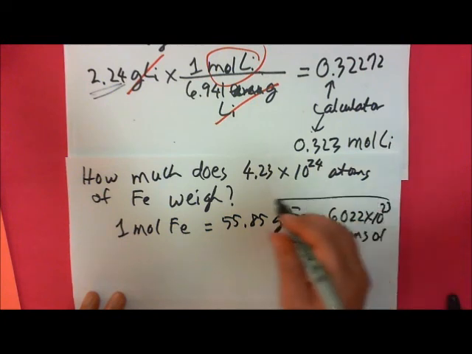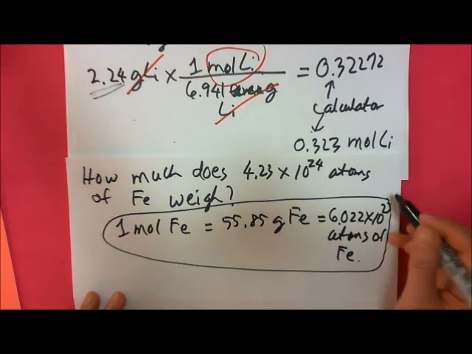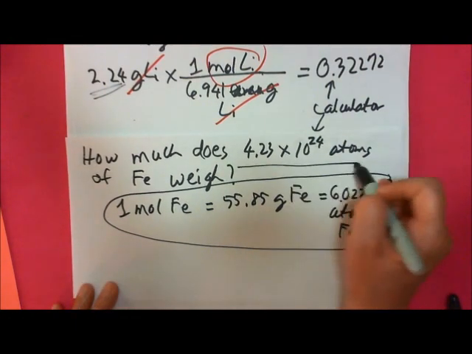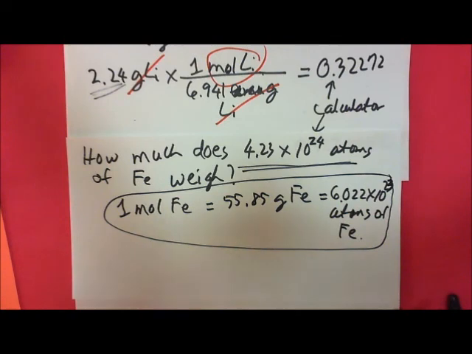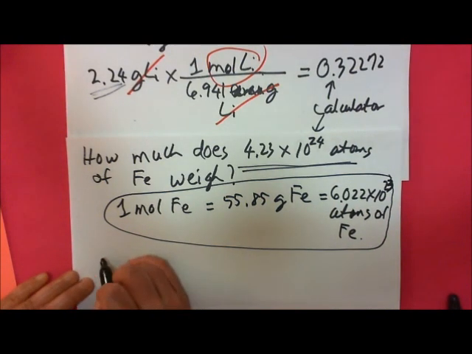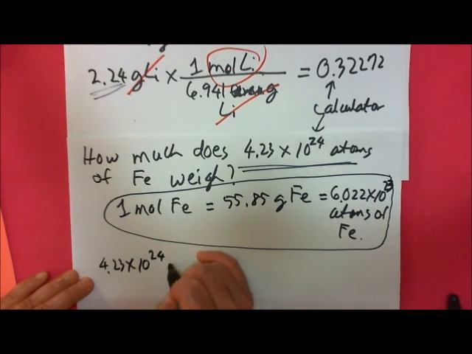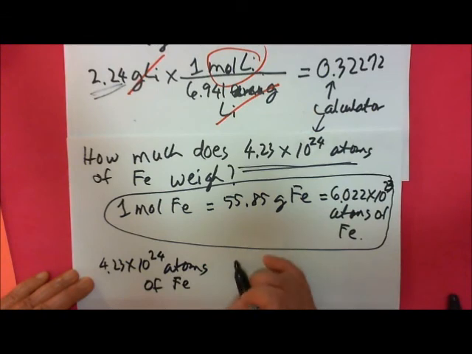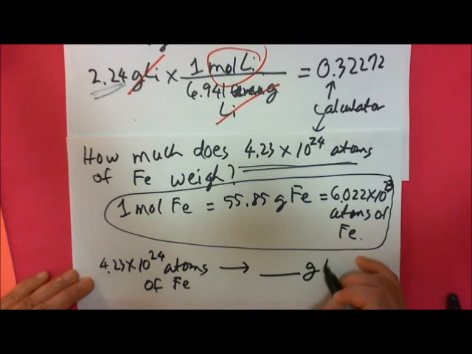So there's my little conversion factor from all the stuff that I figured out from this chapter. Okay, so I'm going to go ahead and write down what I know, and then I'm going to get to where I need to go. So I'm starting out with 4.23 times 10 to the 24th atoms of iron, and then I'm trying to get to grams of iron.